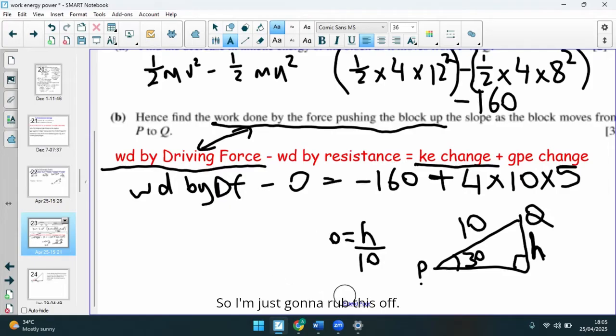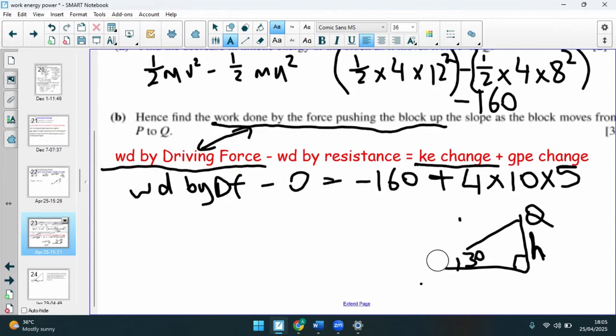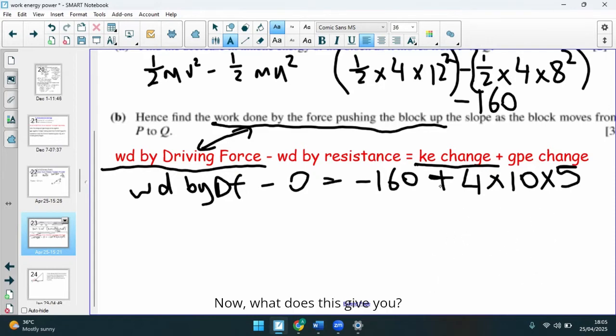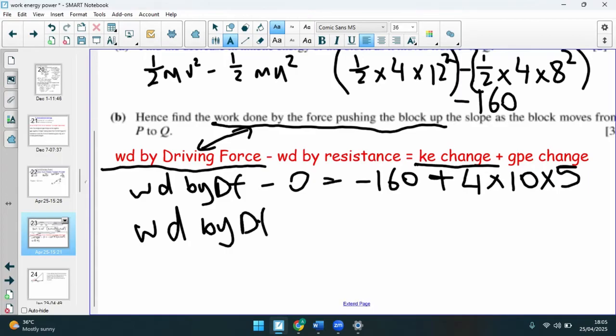So I'm just going to rub this off. Now, what does this give you? Work done by driving force minus 0, so that's just gone. Minus 160 plus all of that gives you 40.